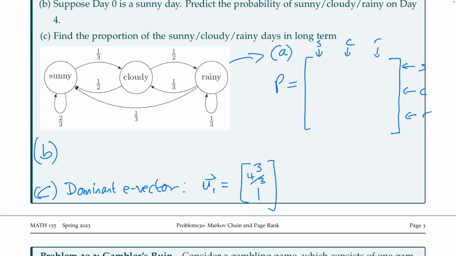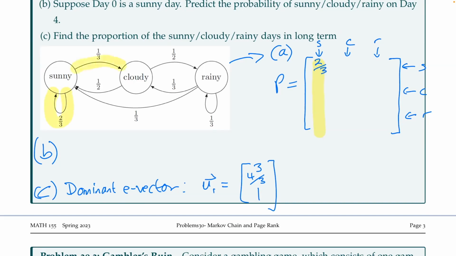Okay, so we're going to do the same process, but in reverse. So I'm now going to think of that first column. So this is everything going out of the sunny state into sunny, into cloudy, and into rainy. Okay, so that means I'm first of all going to look at what's going from sunny to sunny. Well, the probability is 2/3.